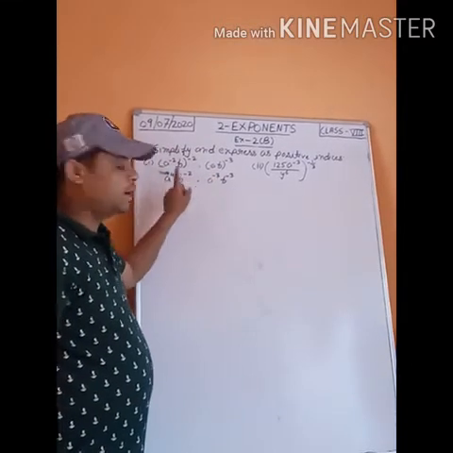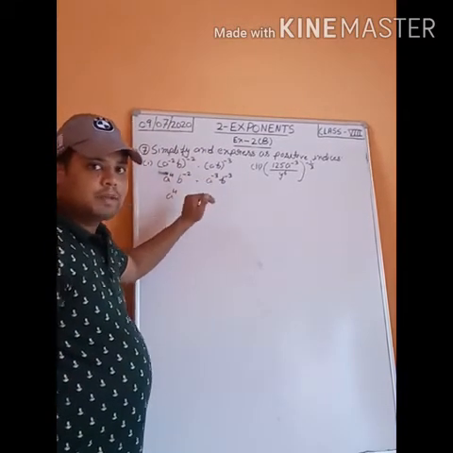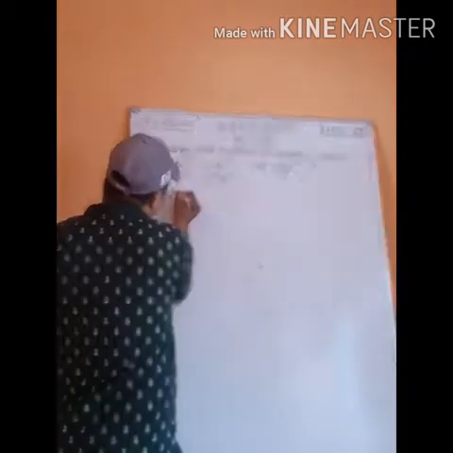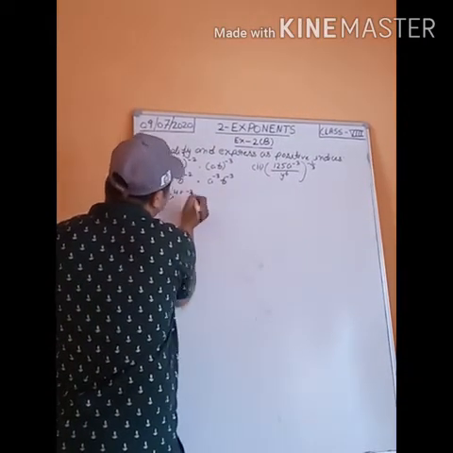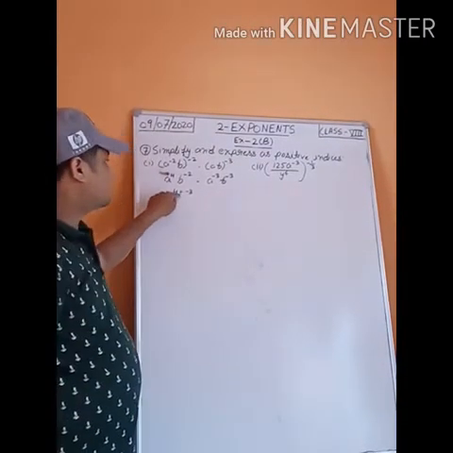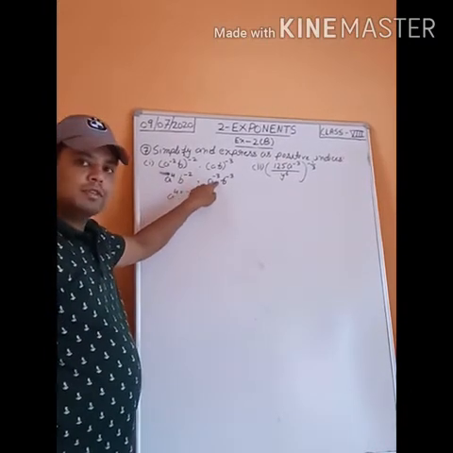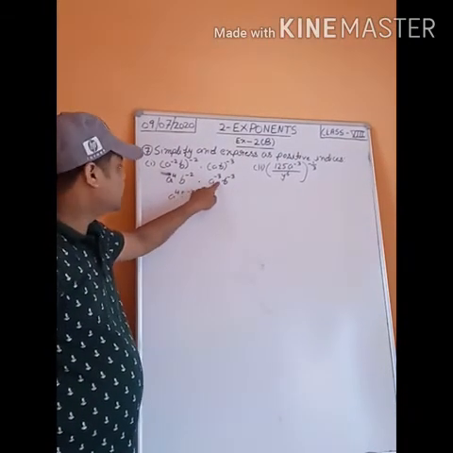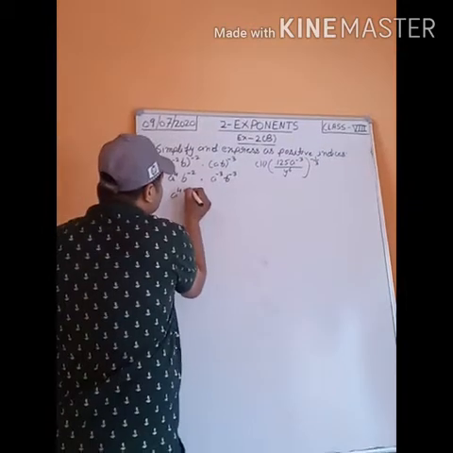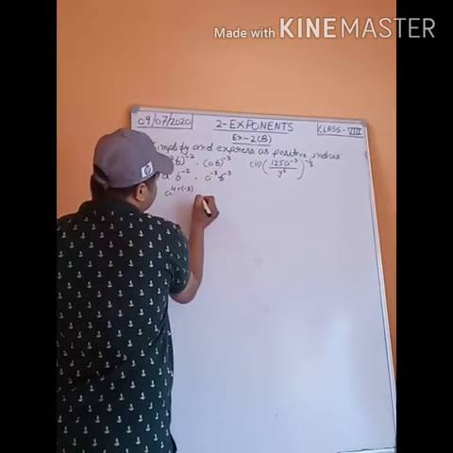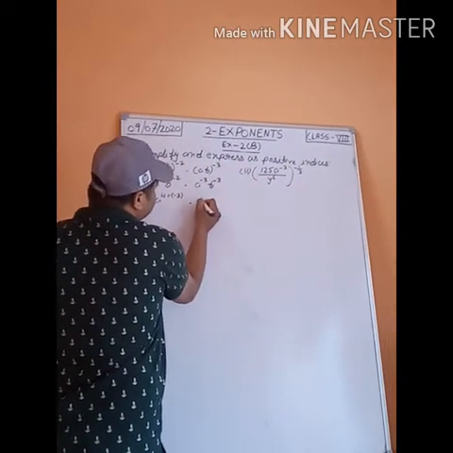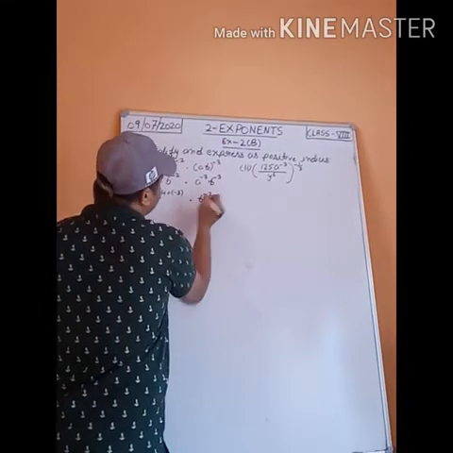So we can add these two powers because they are in multiply. So 4 plus we have to add minus 3. That's why we will write minus 3, taking this minus 3 inside the bracket. Then multiply b raised to the power minus 2.